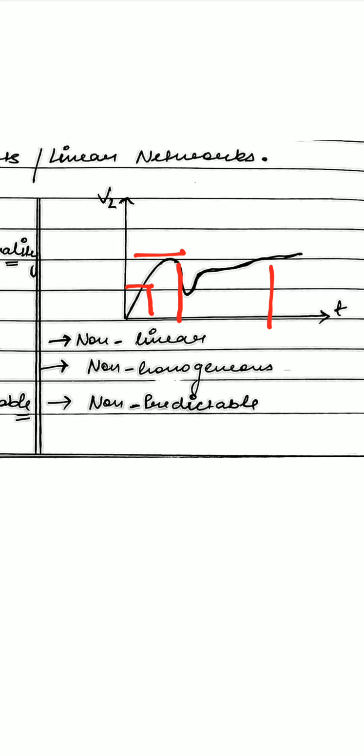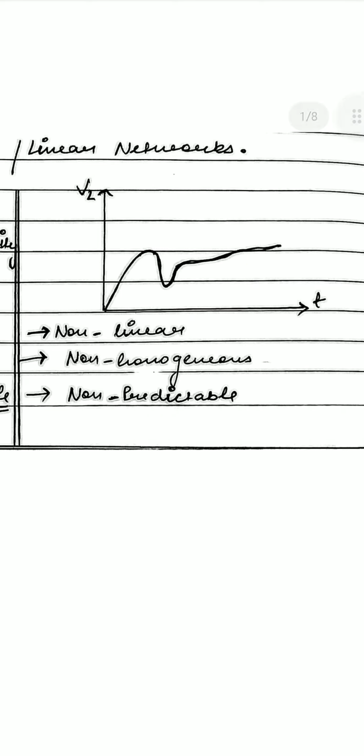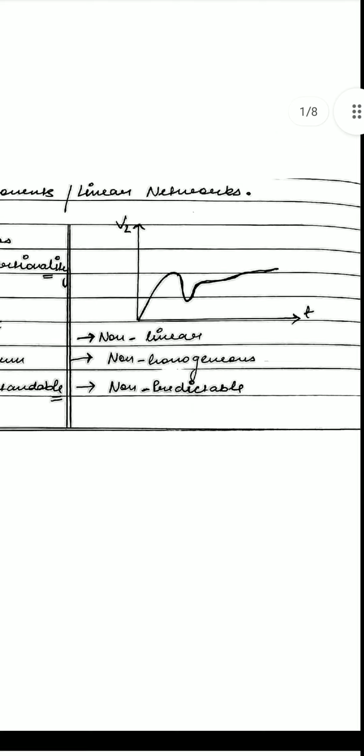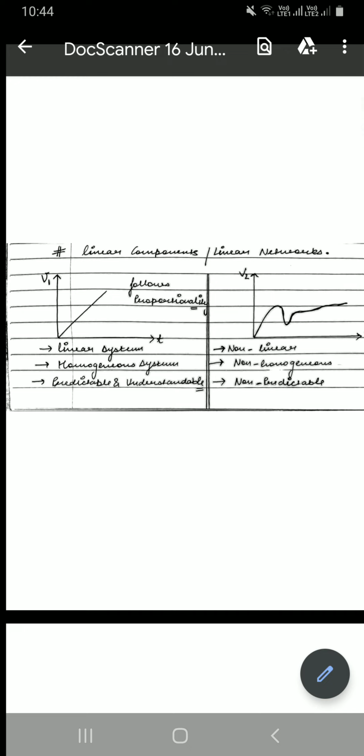It is not predictable. So non-linear components and networks do not follow Ohm's law, KCL and superposition theorem. They do not follow the concept of proportionality. So this is the difference between the linear network and non-linear network.